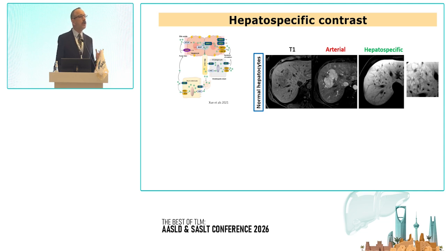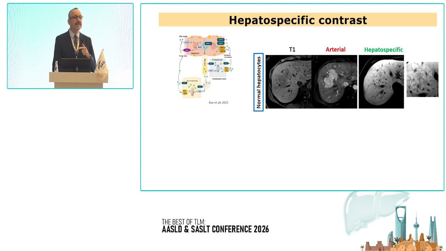So what else can we do? We have some not normal contrast. We have what we call hepatospecific contrast. So how does it work? We inject the contrast, and this contrast is uptaken by membrane transporters into the hepatocyte, and is kept there.